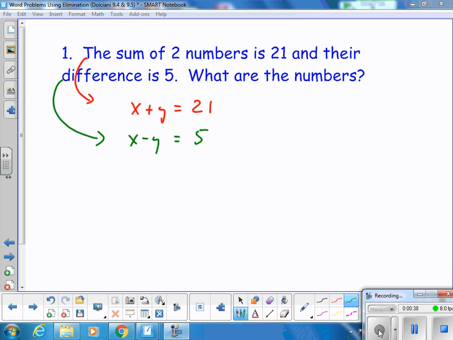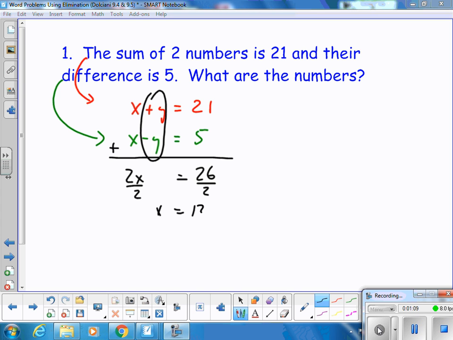How did you do? We might have our x and y's mixed up because the variables change. Let's press pause and solve using elimination and see if we match. All right, I'm going to work through this. I can see that the y's are the 2 that cancel out. So I have 2x equals 26, divided by 2.